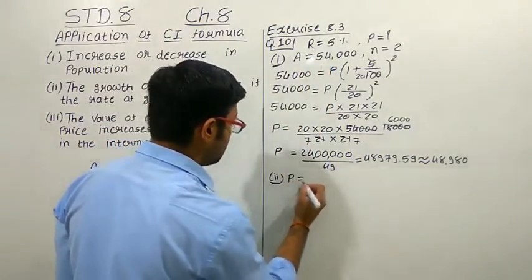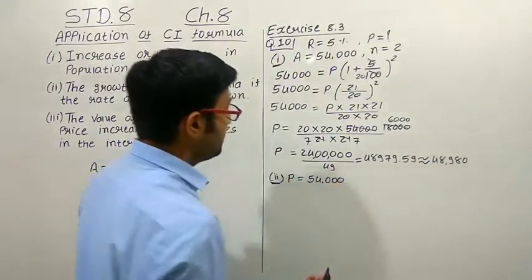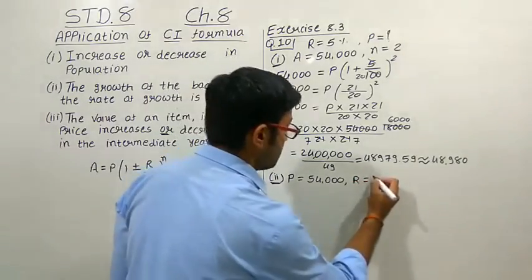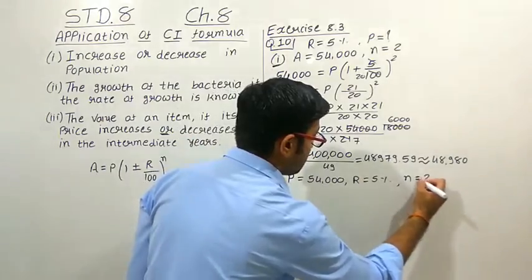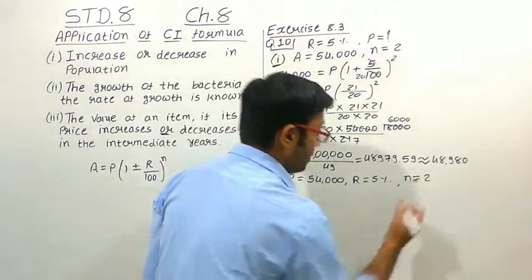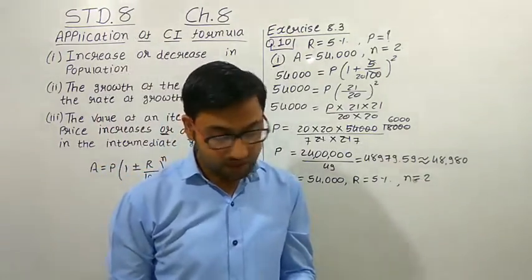Here we can consider it as P, 54,000. Again the rate will be the same, that is 5%, and the value of n also remains 2, because the time duration between 2003 and 2005 is 2 years, right?